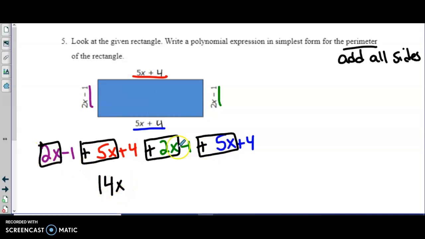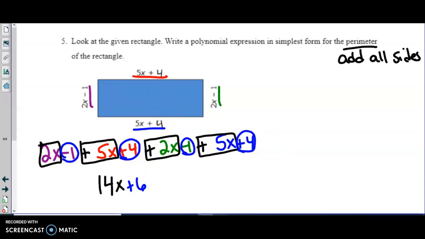If you didn't know that in your brain, go to your calculator and do 2 plus 5 plus 2 plus 5 without the x's, and then just put the x on your answer. All right, then I have a -1, a +4, a -1, and a +4. So you can do this in your brain or your calculator. In my brain, 4 plus 4 is 8, minus 2 is 6.